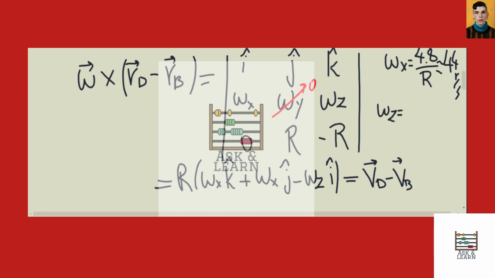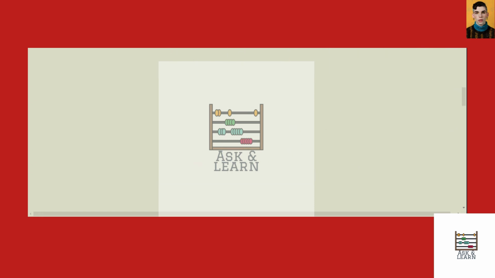And the z component of the angular velocity is minus 3.6 over r, which approximately equals minus 33 radians per second. Let's write it more clearly here.